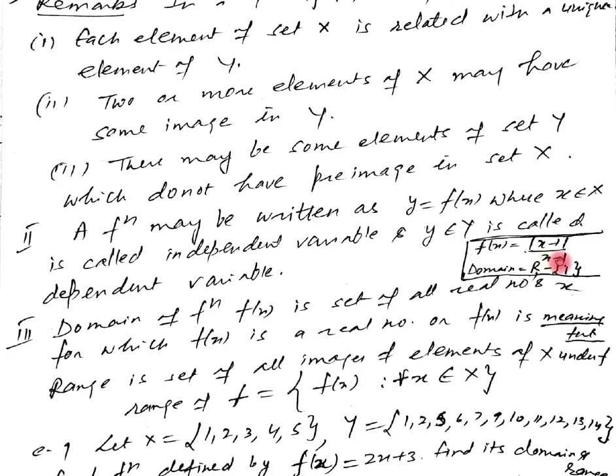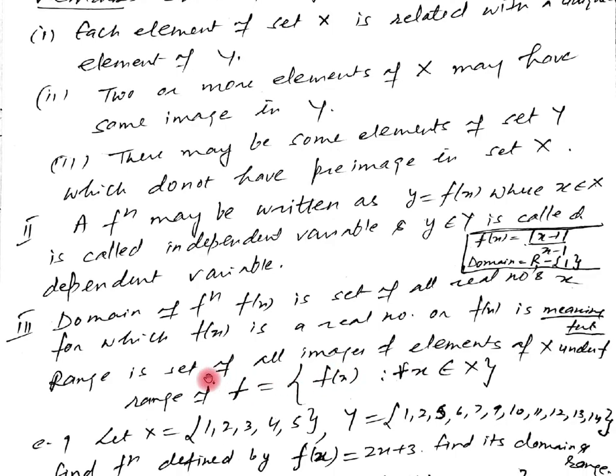We know the denominator can never be 0. If x equals 1, then the denominator becomes 0. Therefore, the domain of the function is the set of all real numbers except 1, so the domain is R minus {1}. This is how to find the domain of a real valued function in general: we will delete those values of x for which f(x) cannot be defined.